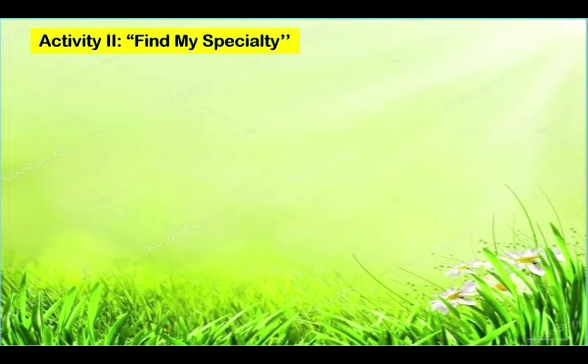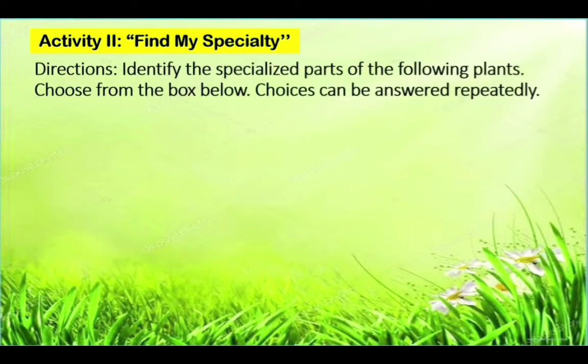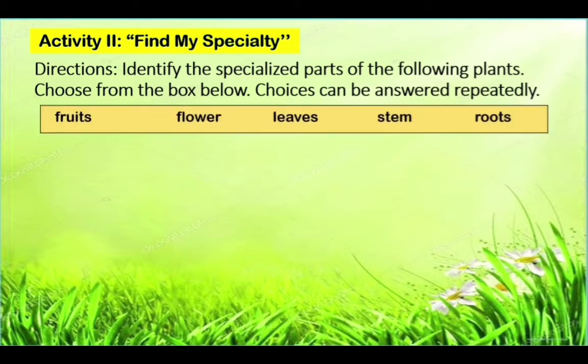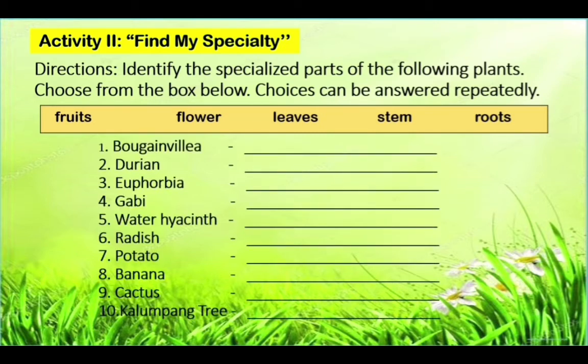For activity 2, Find My Specialty. Directions: identify the specialized parts of the following plants. Choose from the box below, and choices can be used repeatedly. We have fruits, flower, leaves, stem, and roots. Number 1, bougainvillea.